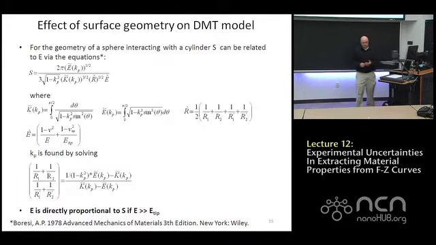If you think back to the previous slide, we had that constant S, which was surface geometry and material properties. That turns out to be related by the first equation here, where E tilde and K tilde are the elliptic integrals, which are simply a function of this parameter Kp. Kp you have to solve for using this equation.